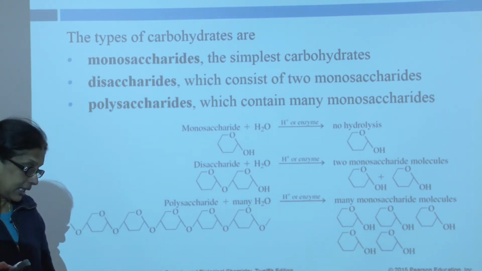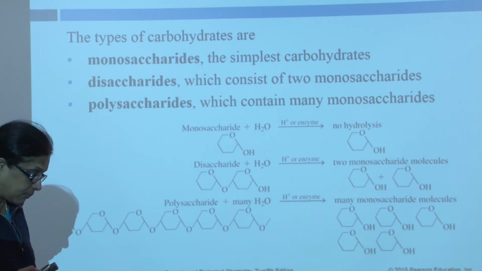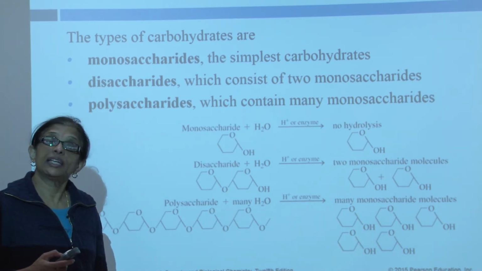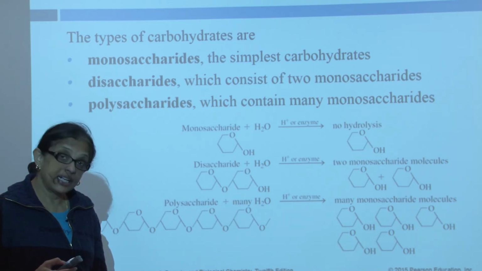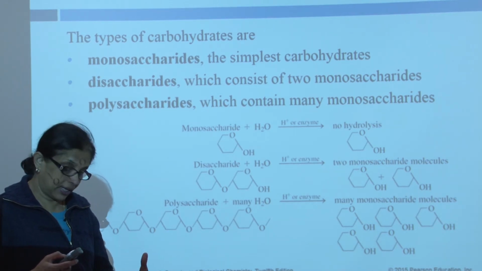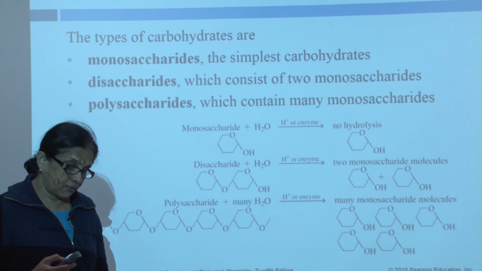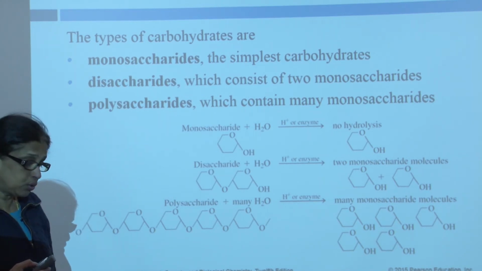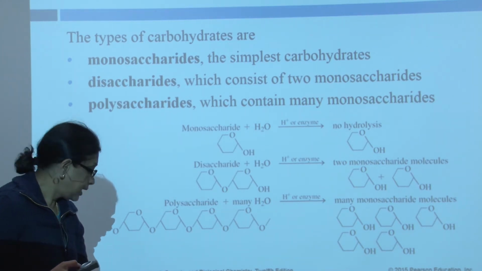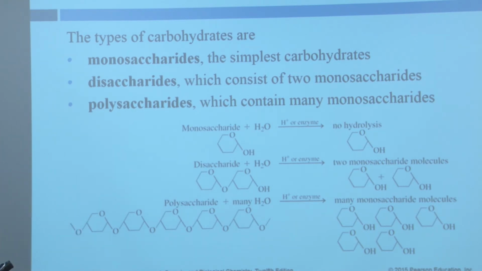You can see the equation on page 435, the breaking down of sucrose, a disaccharide, in an acidic environment in the presence of an enzyme to give you glucose and fructose. These are the two monosaccharides. Now we are looking at the polysaccharides.